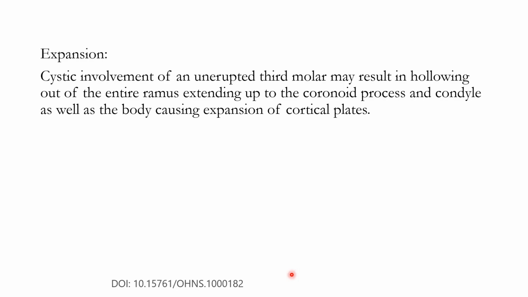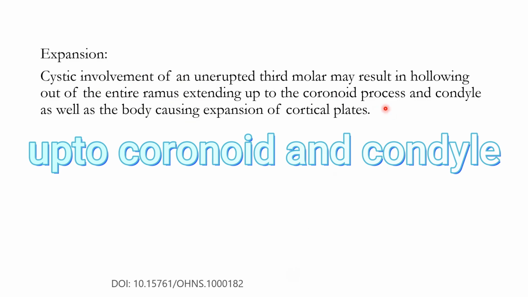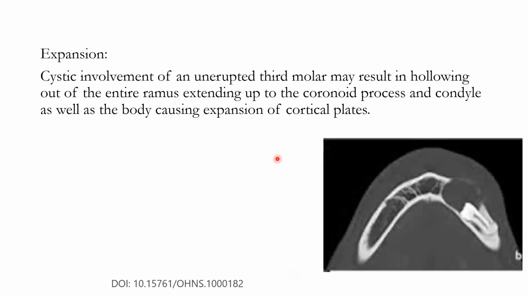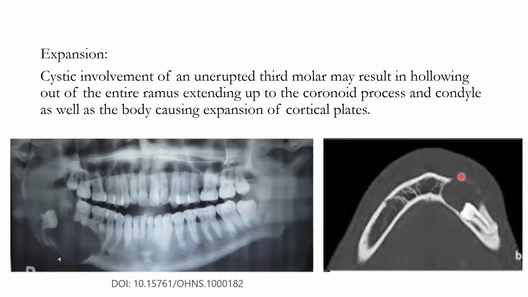In the image you saw that the body and the angle of the mandible were involved, but it can even go up to the entire ramus and to your processes, that is your coronoid process and the condylar process. It could even cause expansion of the cortical plates, which can be appreciated better on an MRI or a CT scan. You can see that it has caused the expansion of the cortical plate.